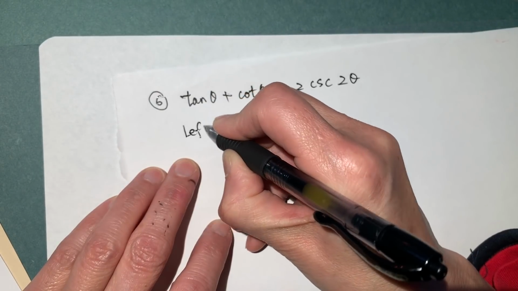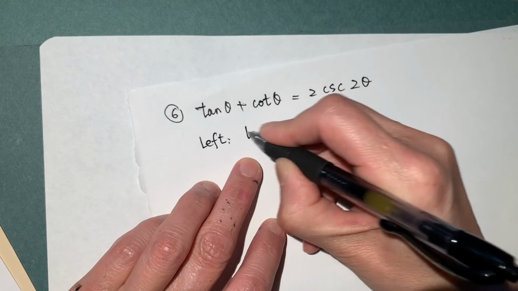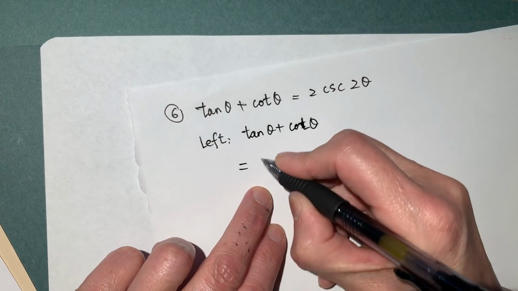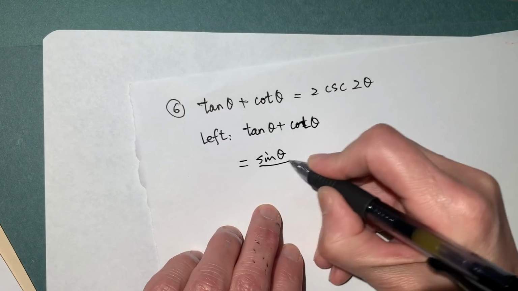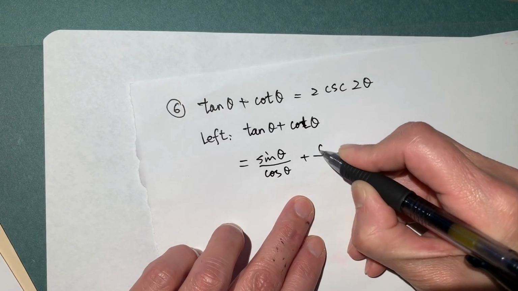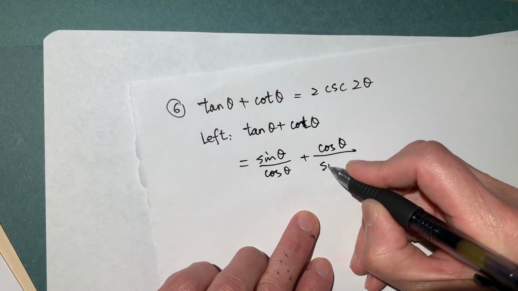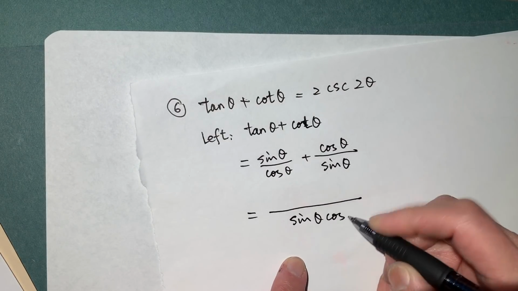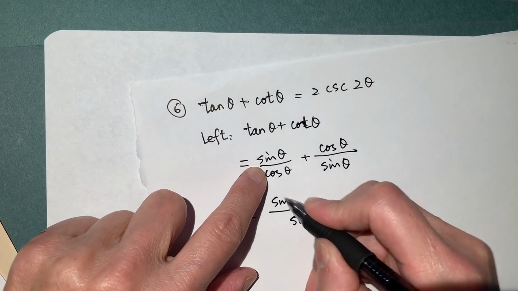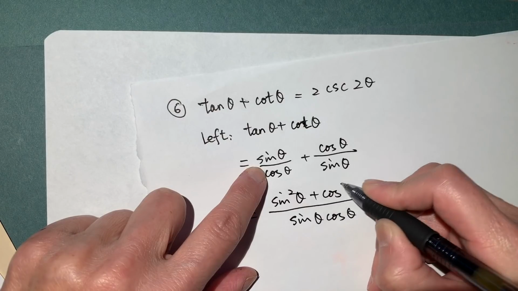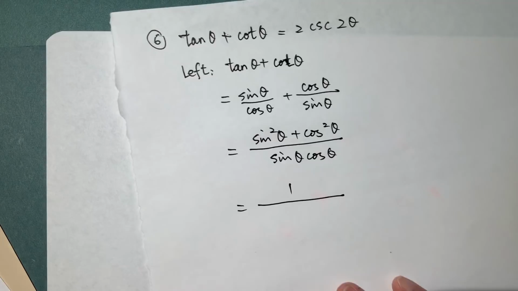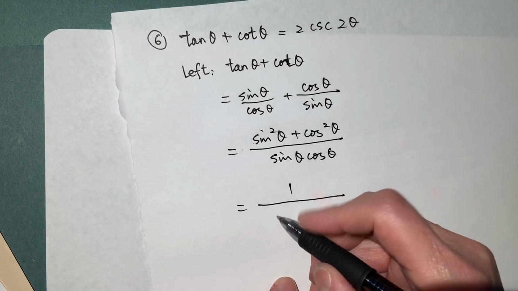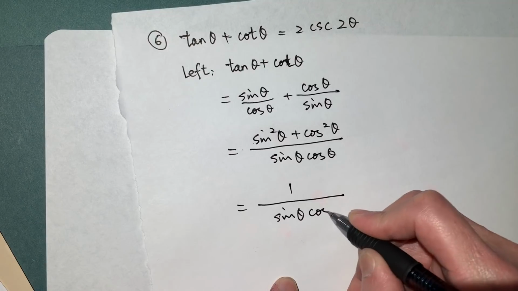So from left, copy the problem, tangent theta plus cotangent theta equal to sine theta over cosine theta plus cosine theta over sine theta equal to sine square theta plus cosine square theta over sine theta cosine theta, equal to 1 over, because sine square plus cosine square equal to 1, 1 over sine theta cosine theta.